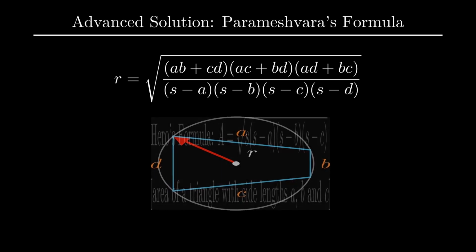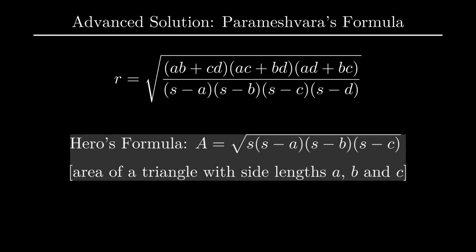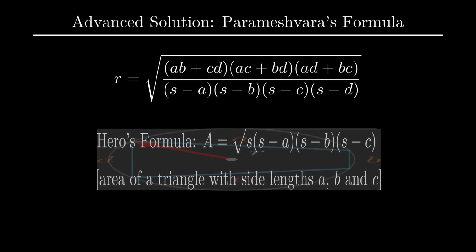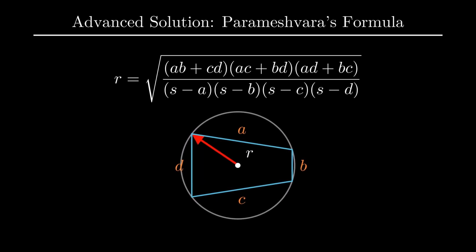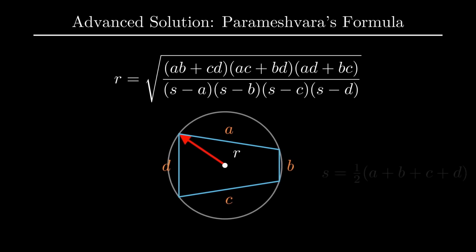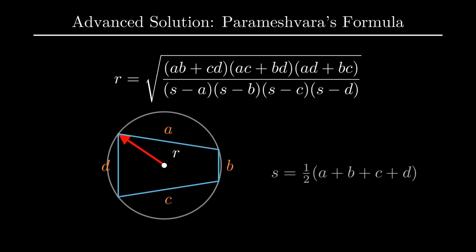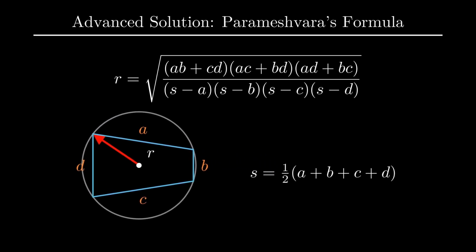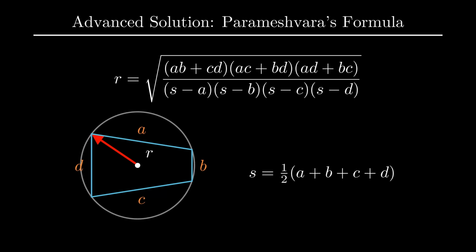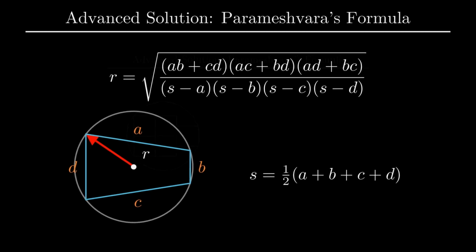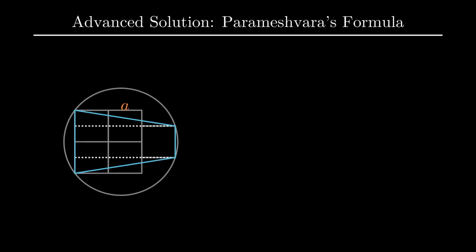The formula itself has some analogies with Heron's formula, which gives the area of a triangle knowing the lengths of its 3 sides. But here, since we have a quadrilateral and not a triangle, the lengths of 4 sides are used. Also, like in Heron's formula, the semi-perimeter of the shape has to be calculated beforehand. Let's see how we could solve the problem using the formula.